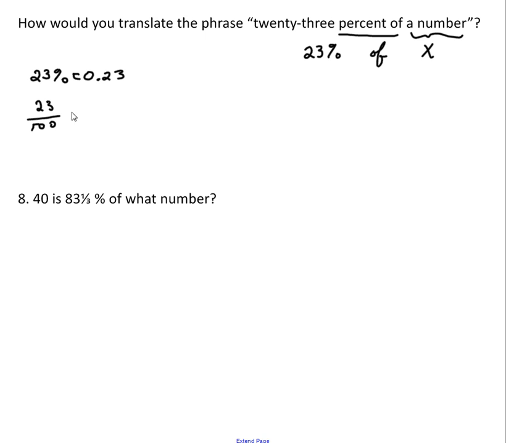But anytime we write a number like 23 out of 100, that is the decimal 0.23. So if we say 23% of a number, we're actually going to write 0.23 and multiply that result by x. When I say 23% of a number, that is my translation of that.